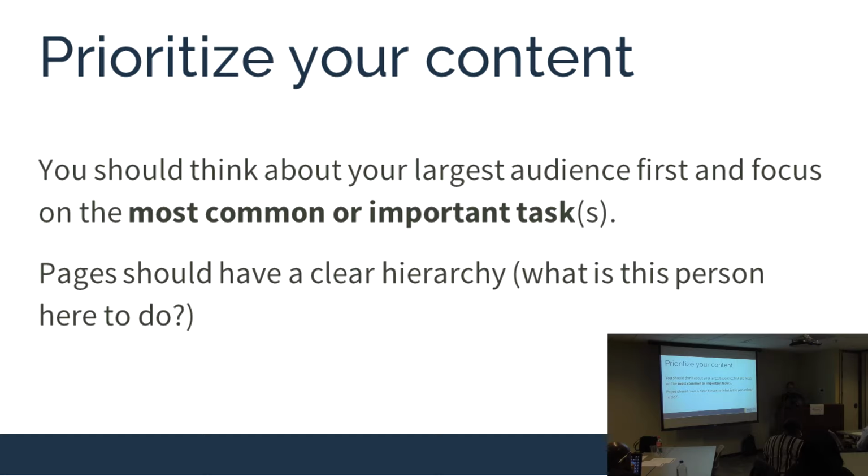The most important and most frequently performed tasks should be highlighted on your site. So they should be higher up in page layouts. The pages that emphasize these things should be high in your main nav and your information architecture. The page hierarchy and information architecture should reflect the importance and frequency of use, essentially.